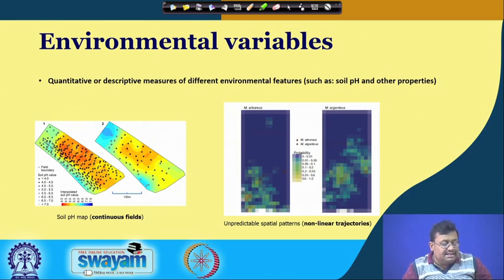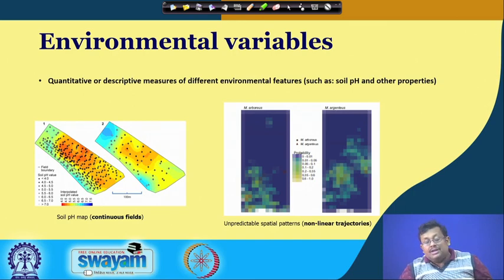So, in this case, this pH value is termed an environmental variate or environmental variable, and it is basically represented by this soil pH map, whereas there are other types of data, for example, the movement of a herd of sheep, which basically shows non-linear trajectories, as well as the growth of a plant, which basically does not apply to a particular type of plant species.